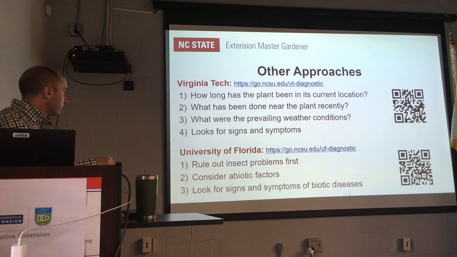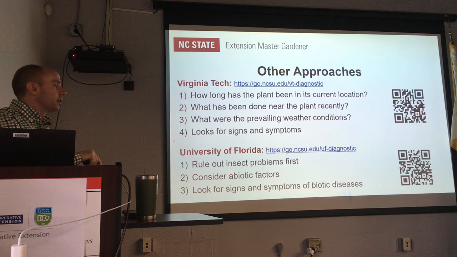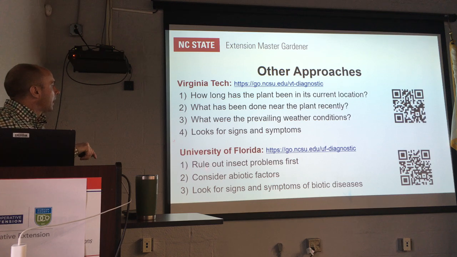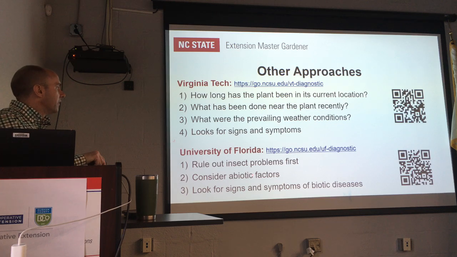The Florida system, it's Florida, so lots of pests in Florida, many in Tallahassee especially, so they rule out the insects first, just make sure it's not some insect issue, and then consider abiotic issues, and then only after you rule those things out, go through the potential morass that is diagnosing actual disease.